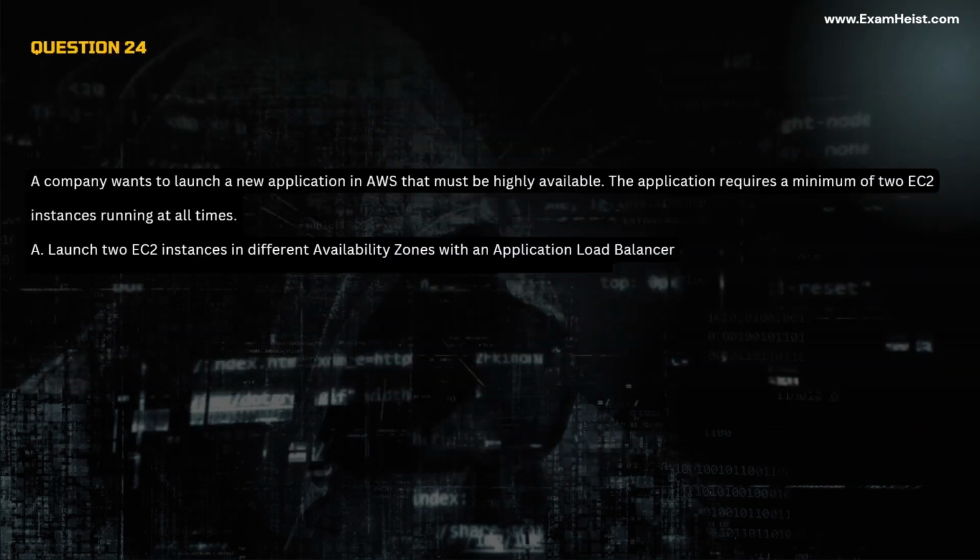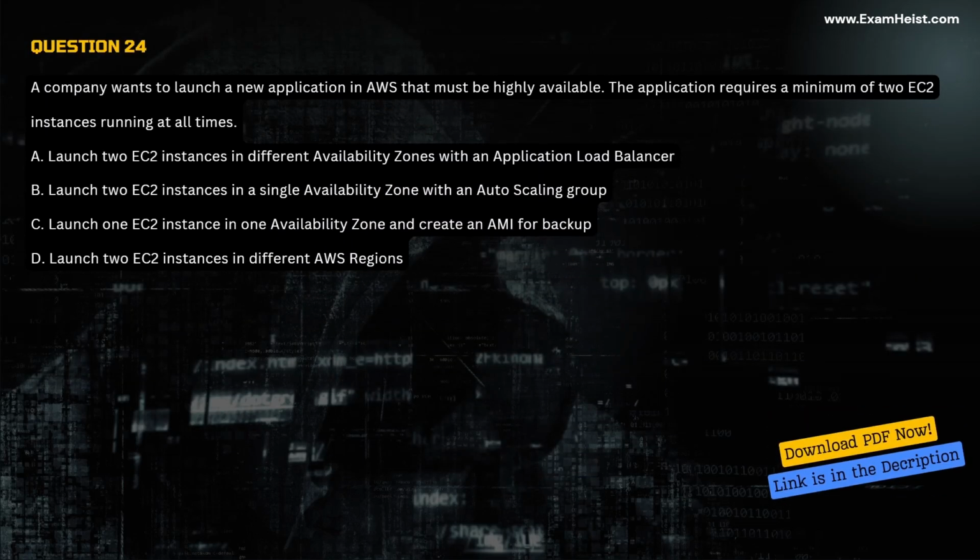Question 24. A company wants to launch a new application in AWS that must be highly available. The application requires a minimum of 2 EC2 instances running at all times. A. Launch 2 EC2 instances in different availability zones with an application load balancer. B. Launch 2 EC2 instances in a single availability zone with an auto-scaling group.